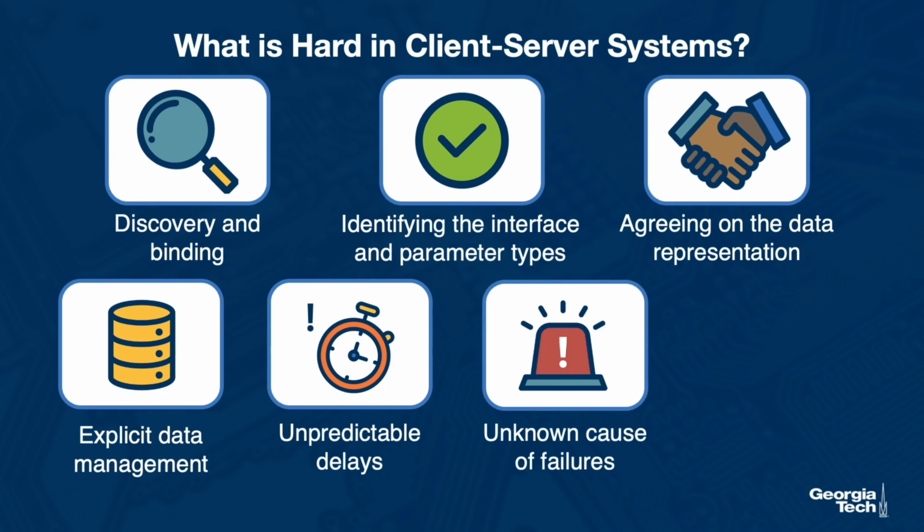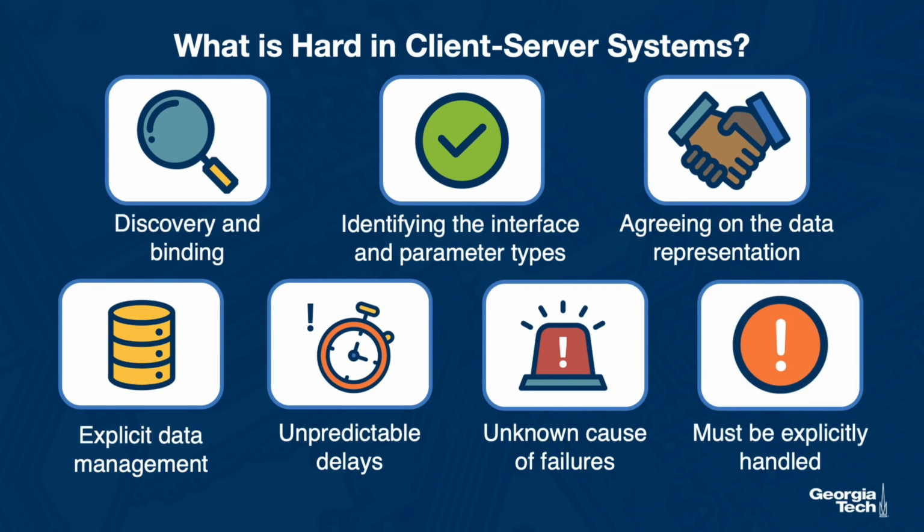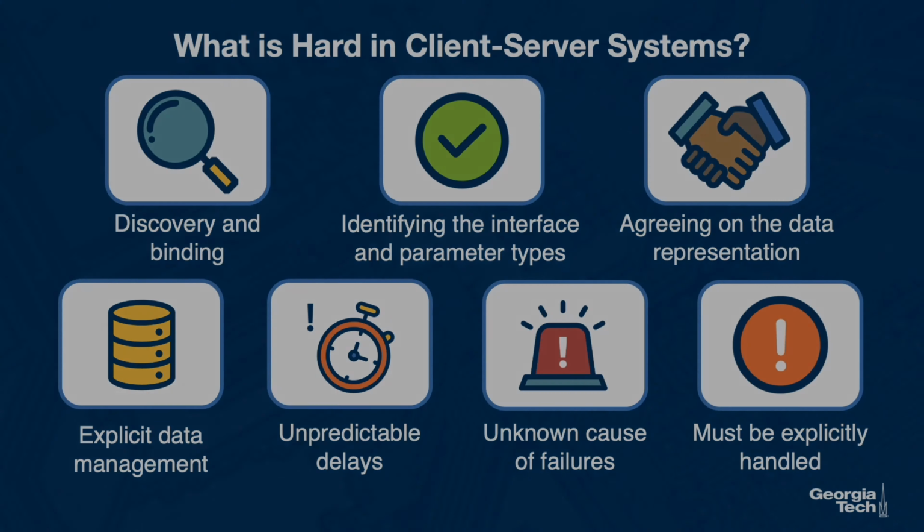If the client suspects a failure, it does not know what caused the failure, whether it is a network problem and its request was never received, or the server crashed, or the server has completed the processing but the response got lost or corrupted in the network. If you have ever implemented a client-server program, you probably recognize that you had to decide what to do with all of these points and to implement those design decisions yourself.